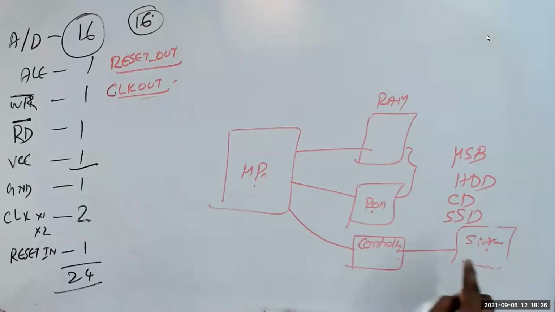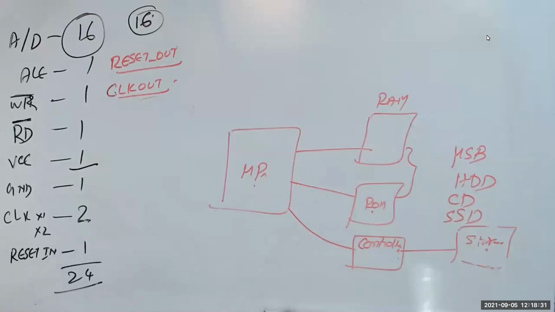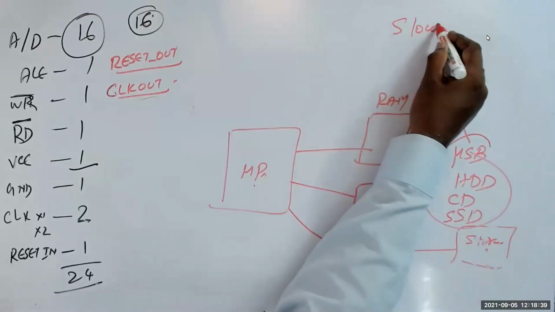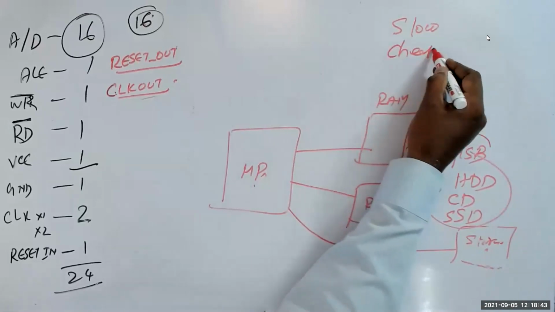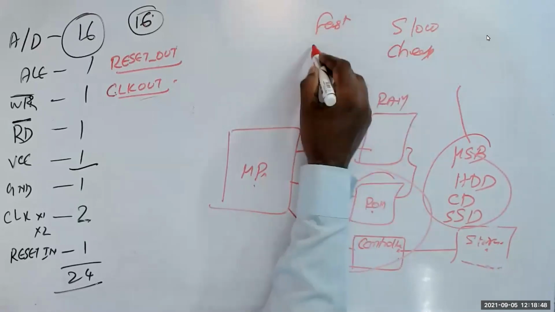Actually, when I say storage, I mean your hard disk, which is magnetic. Now, what is the difference here? Storage is slow and cheap, whereas your memory is fast and costly.